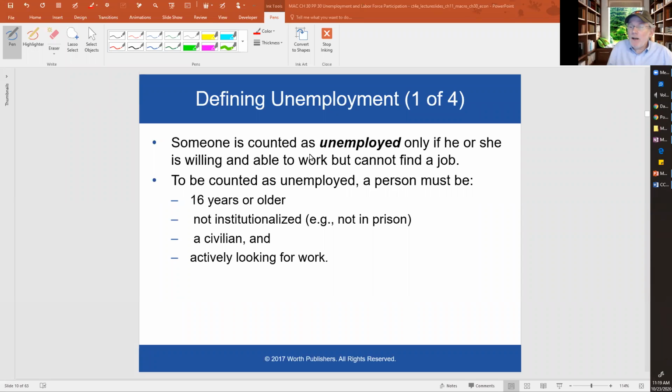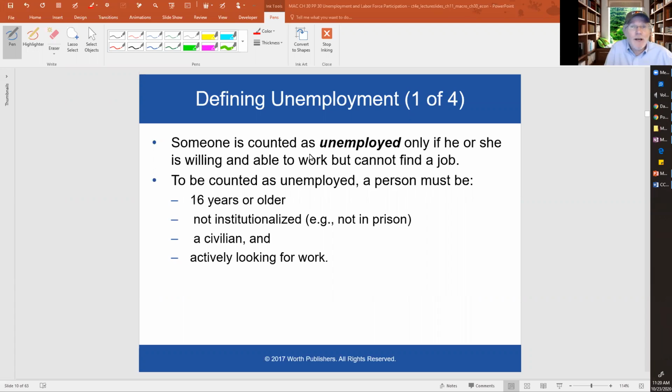Someone is counted as unemployed only if he or she is willing and able to work but cannot find a job. What that boils down to is, to be counted as unemployed, you have to be 16 or older, not be institutionalized, not in prison, in an old folks home, or a mental institution, and you have to be a civilian.